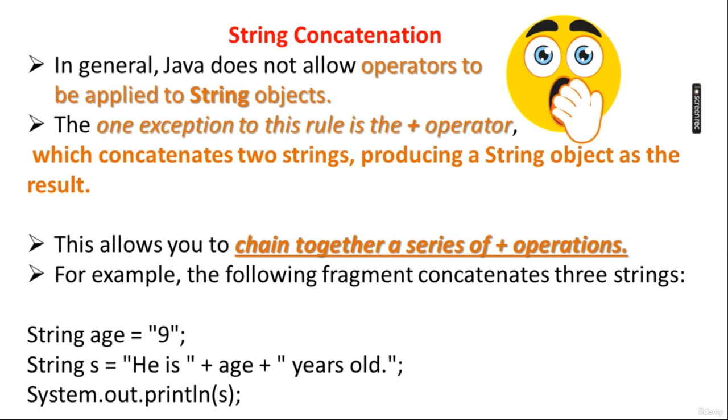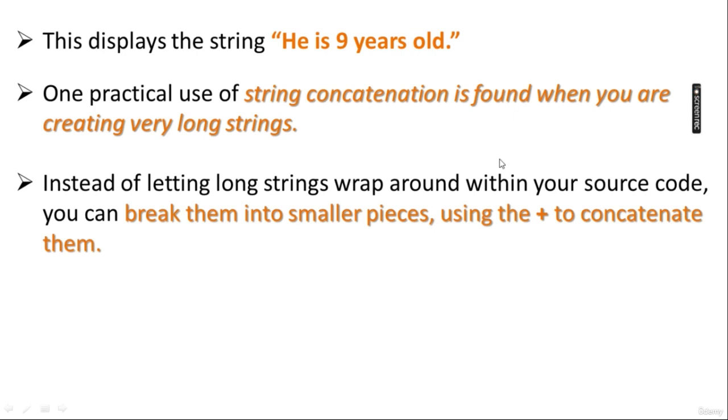This allows you to chain together a series of plus or concatenation operations. For example, "He is " plus age plus " years old". So age will be replaced by this value 9. So the output is: he is 9 years old.